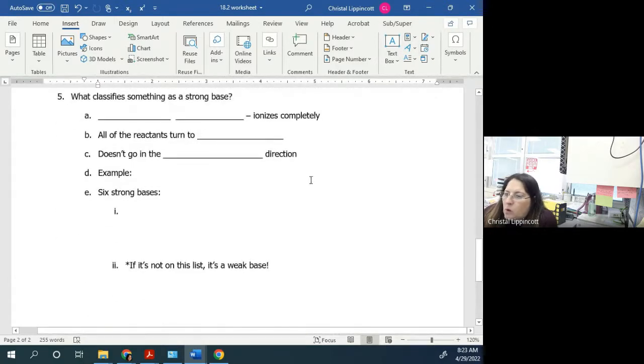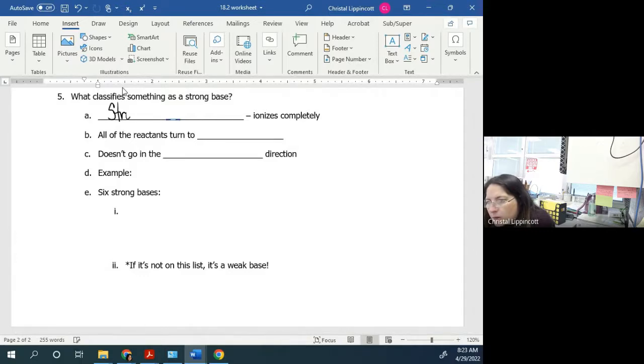All right. What classifies something as a strong base? Strong bases ionize. All the reactants turn to products, and it doesn't go in the reverse direction.